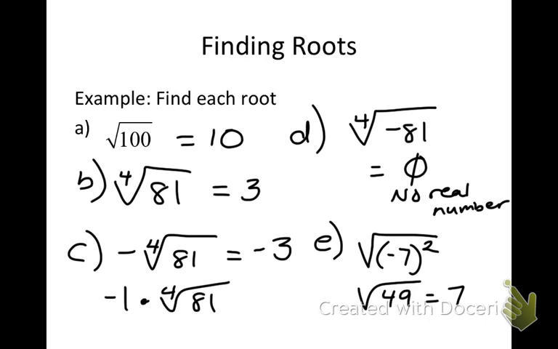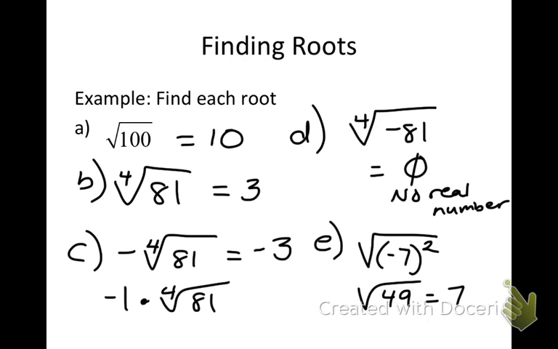So here a negative is underneath my radical sign, but the whole thing's being squared, which makes it go to a positive. So I can actually get a solution, unlike in D where it's a negative. Okay? So if it is even, you have to have a number that is positive or 0 underneath. You cannot have a negative. And then you can go about your business as usual.